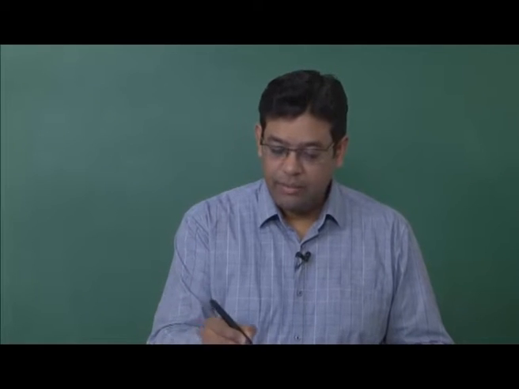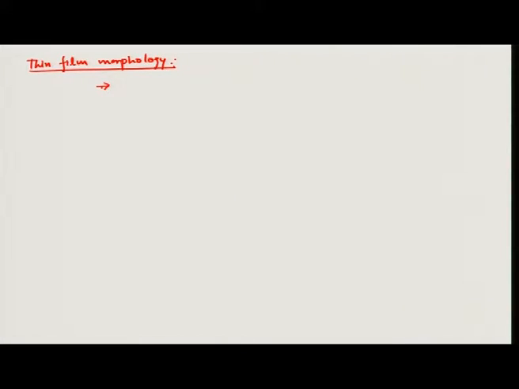The main process parameter which influences thin film morphology, we had discussed this, that is substrate temperature, which we can call Ts. We had also discussed deposition rate. There are some other parameters like surface roughness of the substrate.